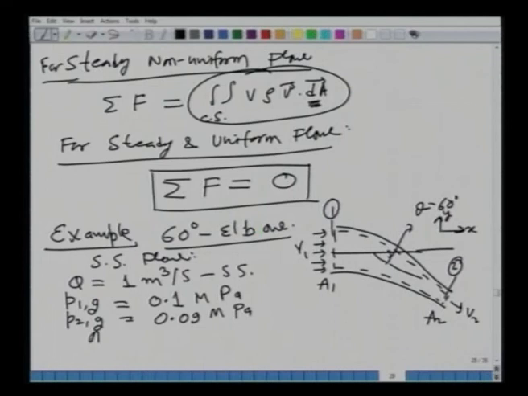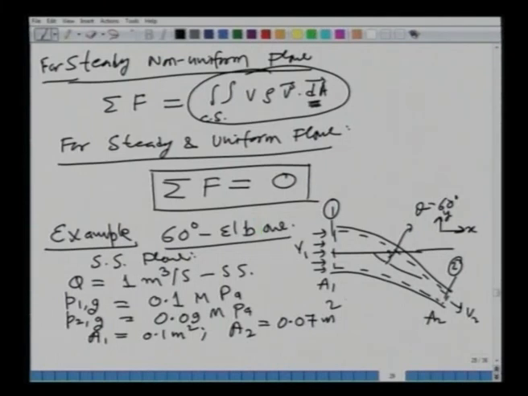Also given to you is, let us say, the area of cross section at the inflow region is 0.1 square meters, or you may be given the pipe diameter at the inflow region where this elbow is being attached. So, you can find out that area A1, and similarly your A2 is given as 0.07 square meters.